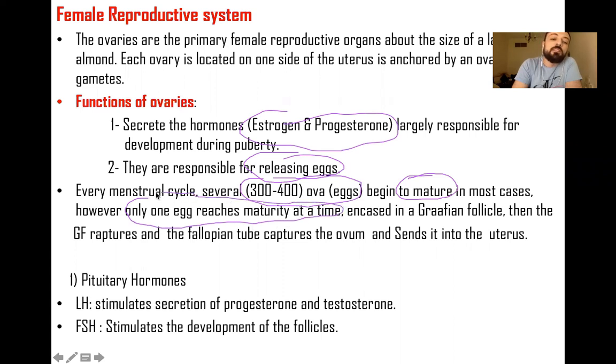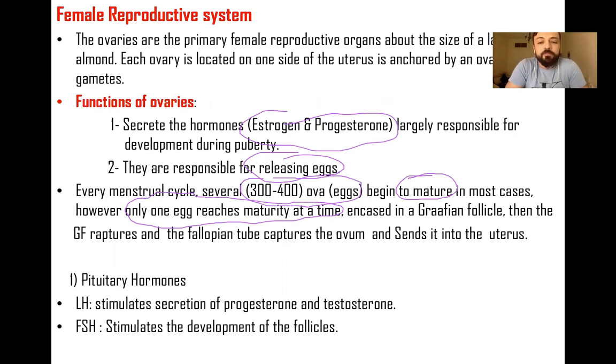And the rest of the eggs that start their journey of maturation degenerate and die. And it's a loss. It's like the sperm. Between 200,000, we get 20 mature. In the sperm, only 1 sperm survives, but here only 1 egg is released.